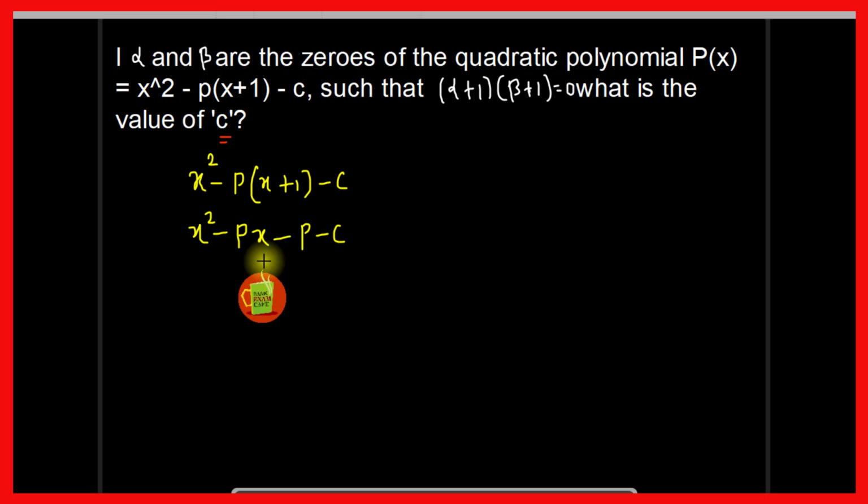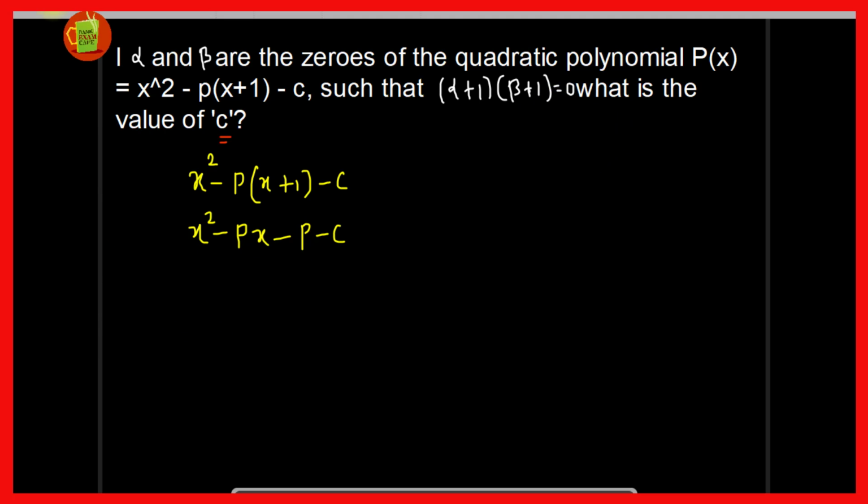This will be the standard form. So here a will be equal to 1, b equal to minus p and c will be equal to minus p minus c. And it is given that bracket alpha plus 1 close the bracket into bracket beta plus 1 close the bracket is equal to 0.